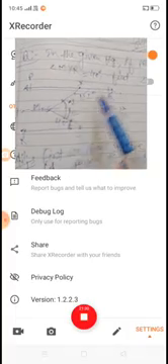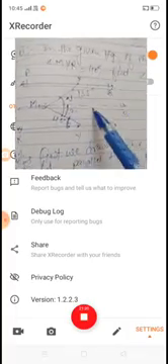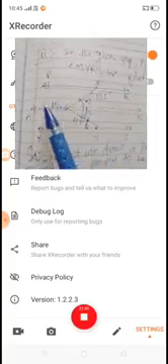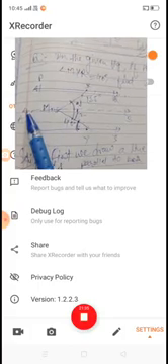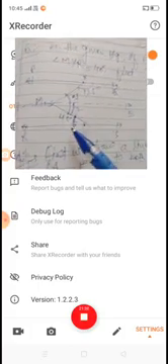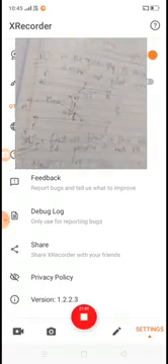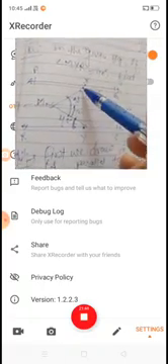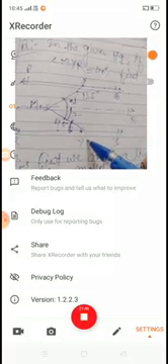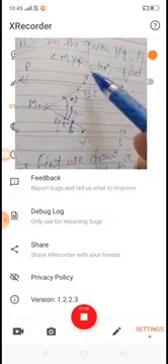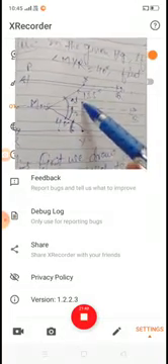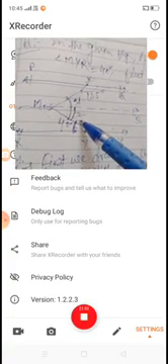First of all, in that type of question we have to do some construction. In that figure we first draw a line AB which is parallel to both RS and PQ. Okay, and we have to find angles x and y. First we split this angle into angle 1 and angle 2.